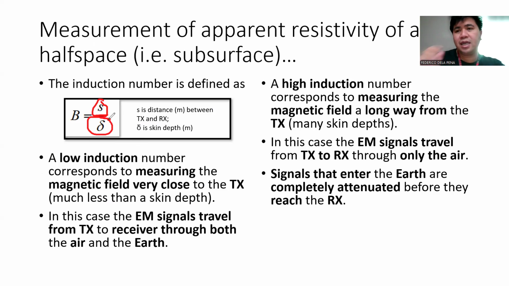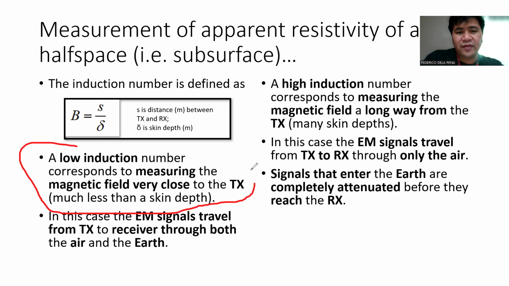Skin depth becomes smaller, and you remember, high frequency, diba? High frequency, you get smaller skin depth, shallower, diba? Higher conductivity, you also get shallower skin depth, right? Generally, for ground EM surveys, you usually have low induction numbers.